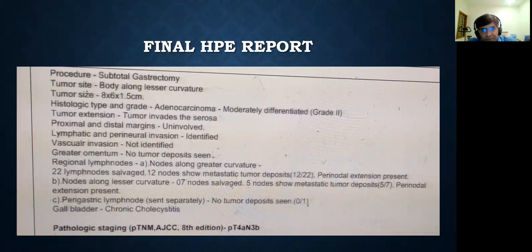And since there was extension, the tumor was invading the serosa, and there was lymphatic and perineural invasion, he falls T4a. So that is invasion of serosa as well as involvement of 12 plus 7, 19 lymph nodes. So stage 3, sir, this patient falls in. What is the prognosis?